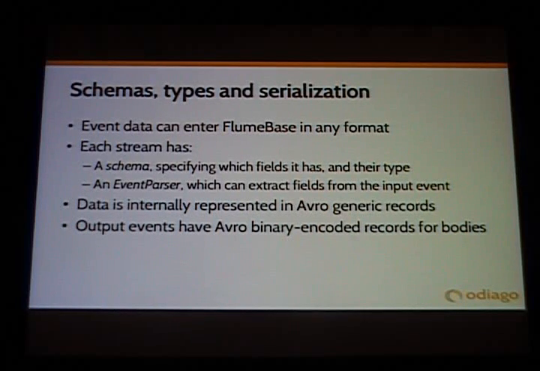If you project from one schema to another, select only a subset of the columns, then it will go through a projection operator that takes in one Avro input schema and outputs a different Avro schema that has only the fields in it that you require. And then these final output events also have Avro binary encoded bodies. So you can take the output of this Flume stream and emit it to an Avro file in HDFS, for example, for later bulk analysis over this real-time filtered data set.